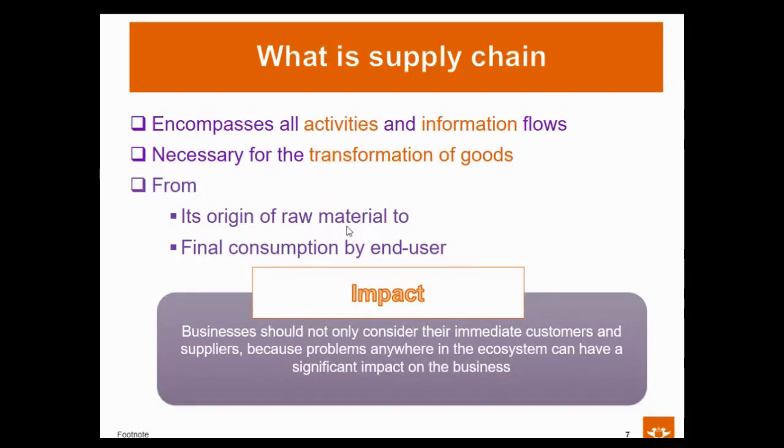You have to consider all the players in the market and the value that's been added and the way in which they conduct business. For example, Nike a few years ago had a scandal on child labor in one of the suppliers' factories. But if you read what happened, it wasn't a direct supplier of Nike, it was one of the suppliers of a supplier where the child labor took place.